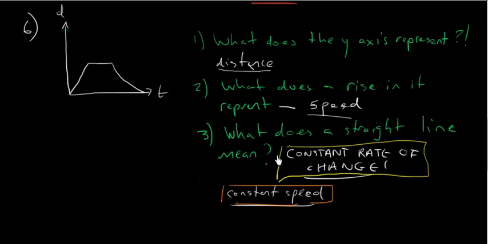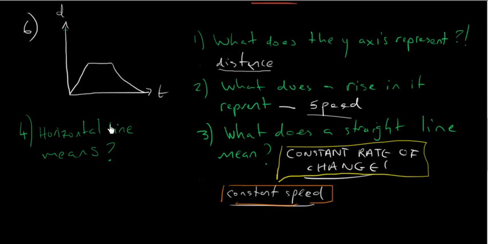We haven't finished yet looking at what different things mean. So here, the fourth one, we could say, what does a horizontal line mean? Horizontal line means same distance. Once you've asked yourself these questions a couple of times, you'll find you don't have to do it anymore, because you'll really get the hang of it.